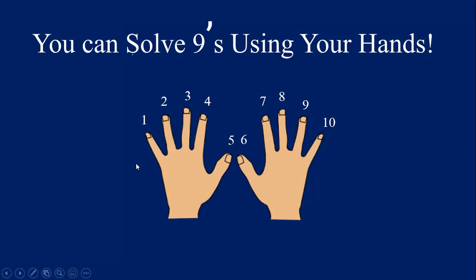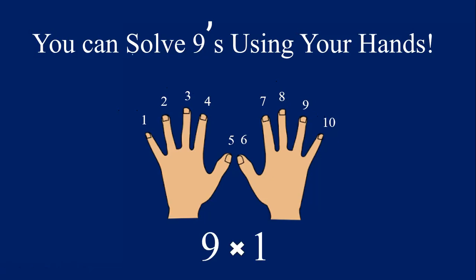If you hold up your hands and you're looking at both your hands, we're going to number each finger. 1, 2, 3, 4, 5, 6, 7, 8, 9, 10. These numbers represent the numbers in the equations. 1 times 9, 2 times 9, 3 times 9, 4 times 9, 5 times 9, 6 times 9, 7 times 9, 8 times 9, 9 times 9, 10 times 9.